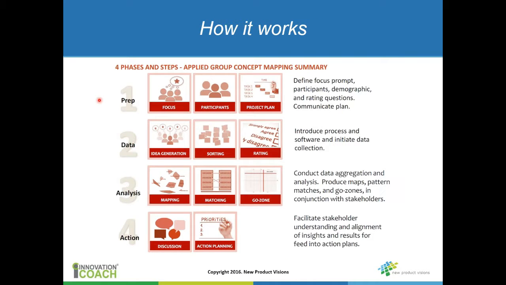Applied group concept mapping is really a 4-step process. The first step is to develop some type of a focus question. So in other words, a focus question might be centered around what ideas do we have for a new product for this particular market segment. And then secondly, you might come up with a rating for that focus question.